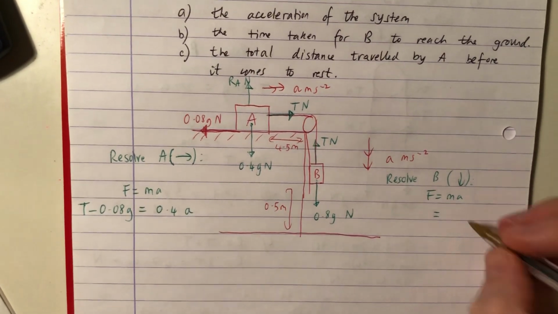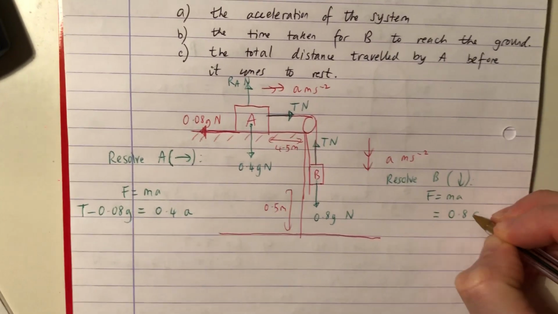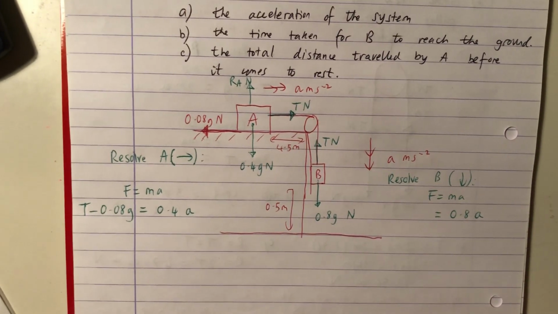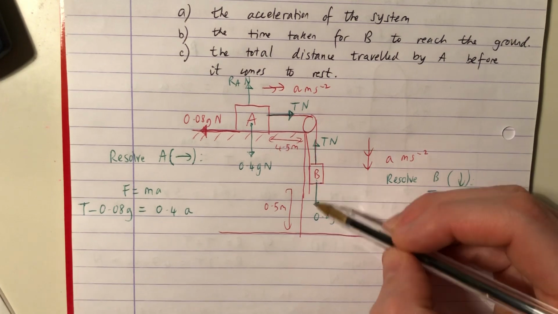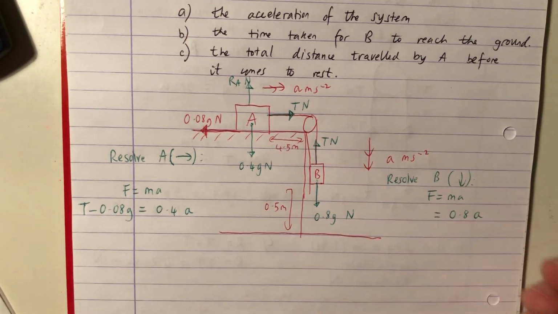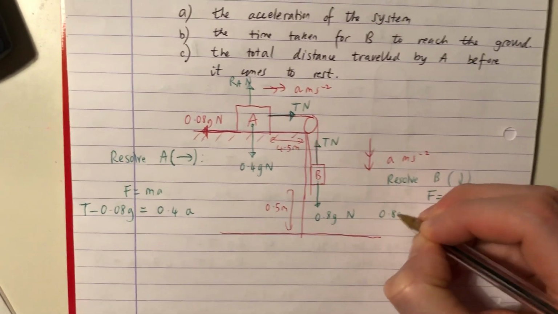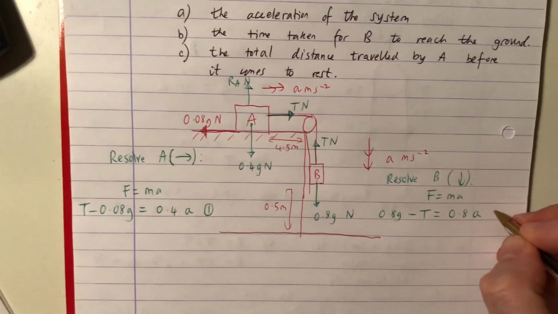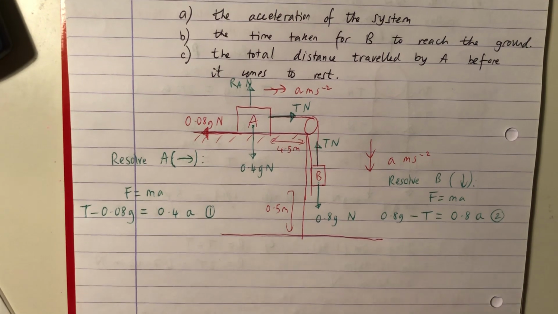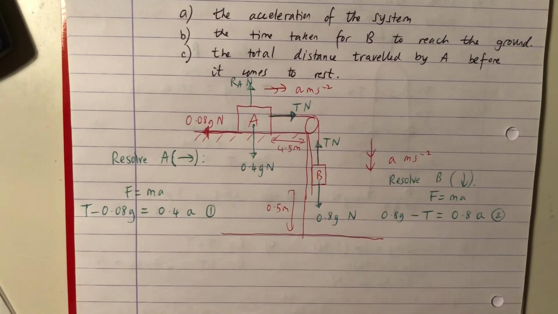Mass of this object is 0.8. Acceleration is A. And the other way to work out the resultant force is forces going with the motion, subtract the forces going against it. 0.8 G subtract T. That's equation 1. That's equation 2. Two equations, two unknowns.